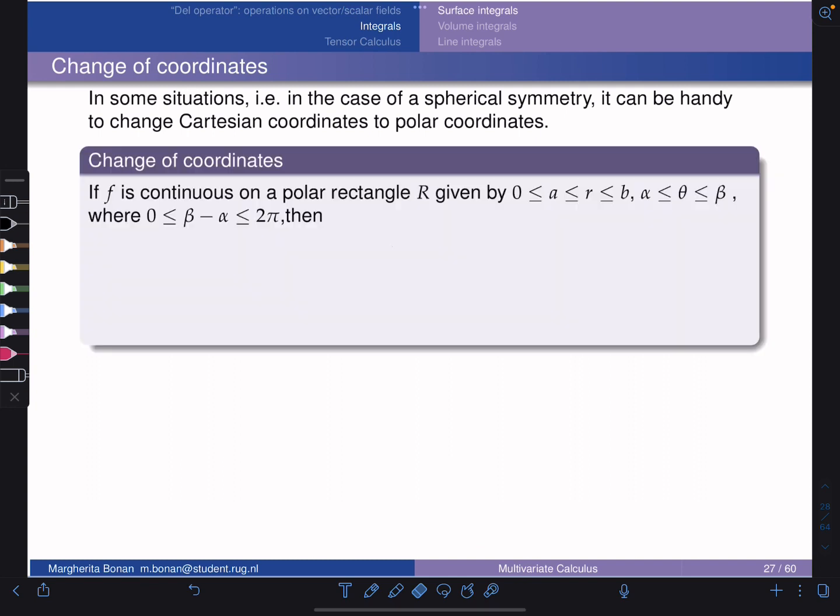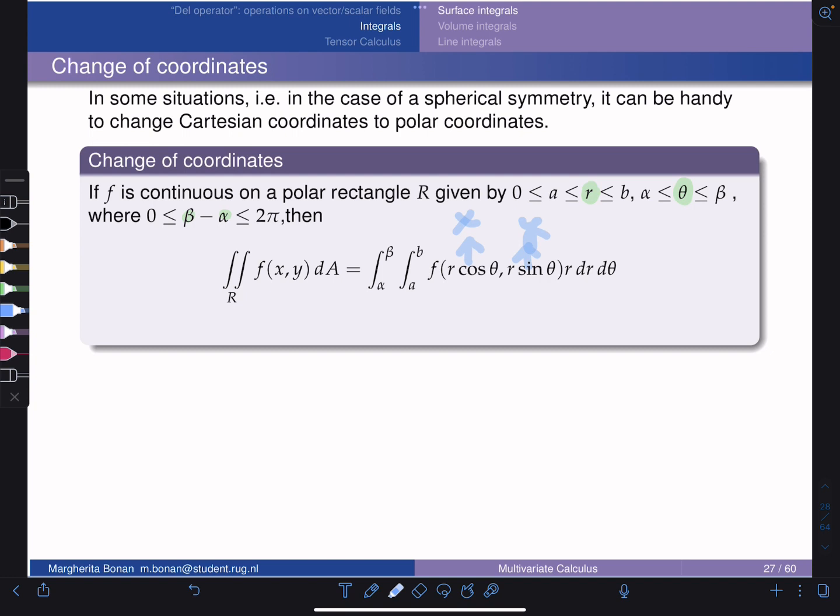We have that if the function is continuous on a polar rectangle given by having the radius in between two positive constants a and b, and the angle being in between alpha and beta, where the difference between beta and alpha is in between 0 and 2 pi, then the double integral on the polar rectangle R is equal to the integral from alpha to beta and then from a to b of the function evaluated at x and y, that become r cosine theta and r sine theta, and then instead of dx dy we have r dr d theta.